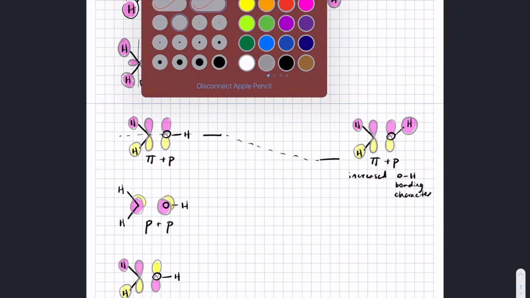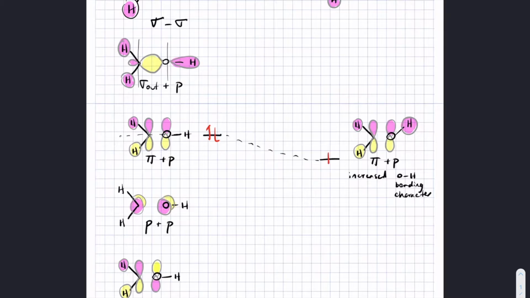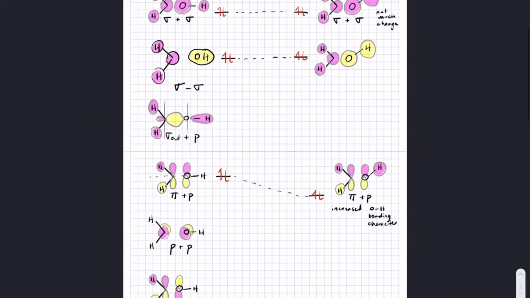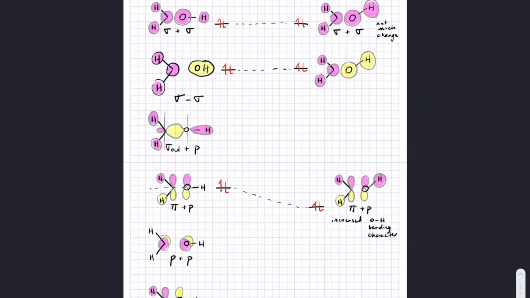Okay? So far, what we have predicted is that for 2 of the 3 orbitals we've done so far, there's not much change, but we found some strong stabilization in one of them. All right. Let's think about what would happen to the sigma out orbital if we change the geometry.